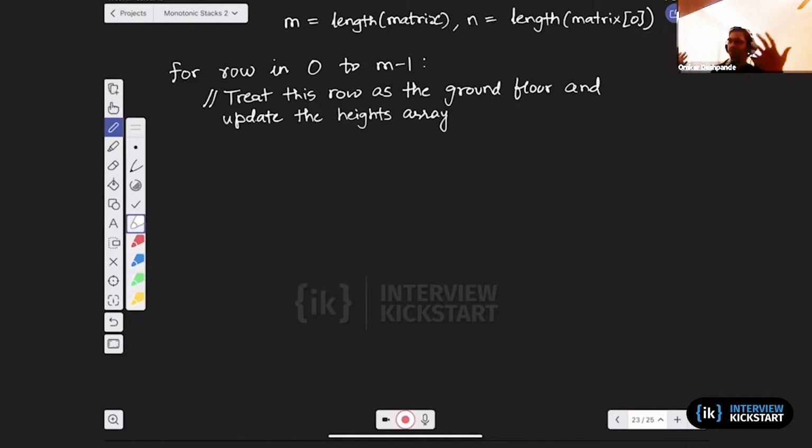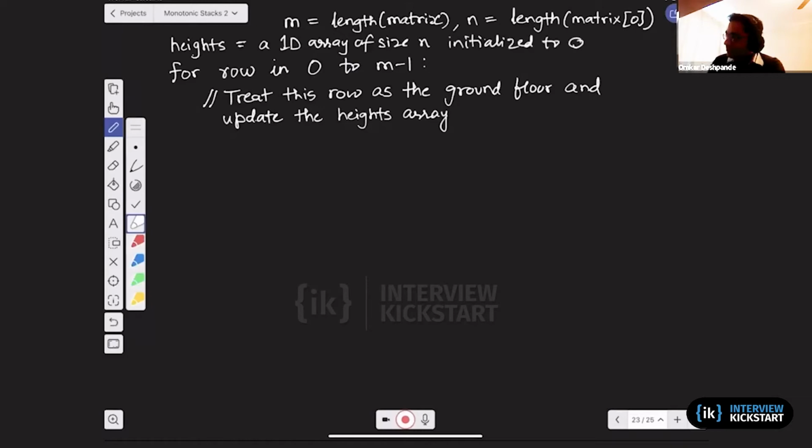Well, when we start, we had nothing. So our heights array, in a sense, was just a histogram with no buildings in it. One-dimensional array of size n, initialized to 0. And in general, when we move to an arbitrary floor, the heights array is going to be some populated histogram, which we now need to extend to the next floor.